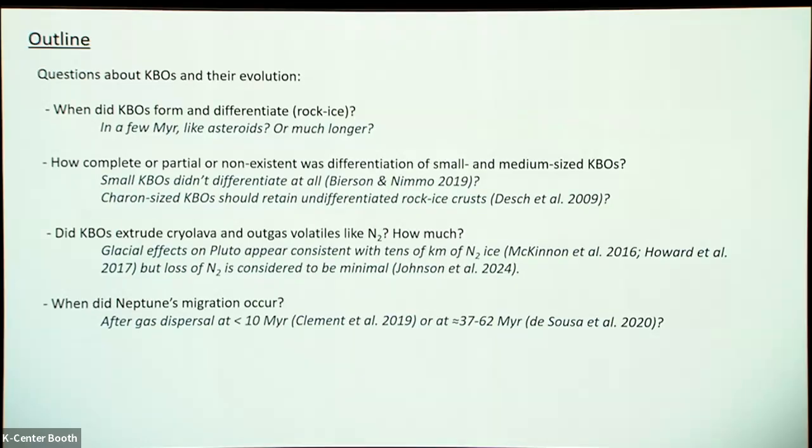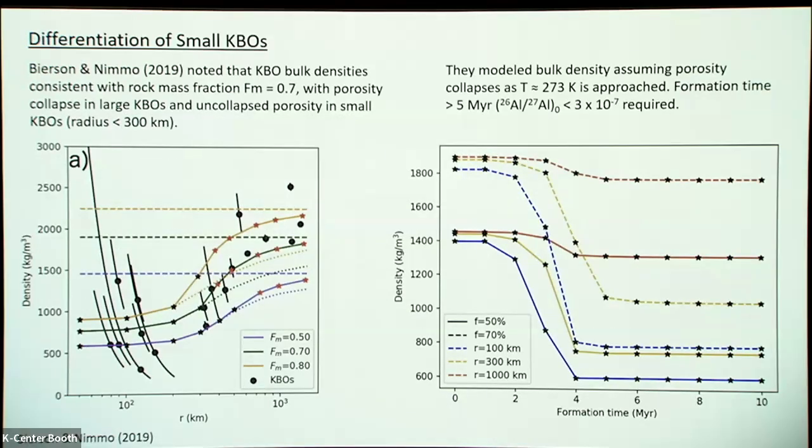On the other hand, it could be when planetesimals were able to initiate, through the scattering of planetesimals, a dynamical instability around 30 to 60 million years. And so we'd like to assess that. So these are the sorts of questions I have, and trying to look at different objects to try to assess that. So let's start with the smallest bodies and ask whether they differentiated at all or not.